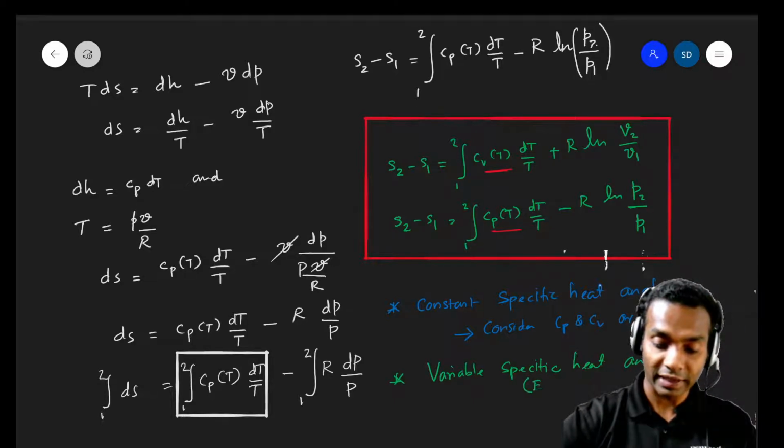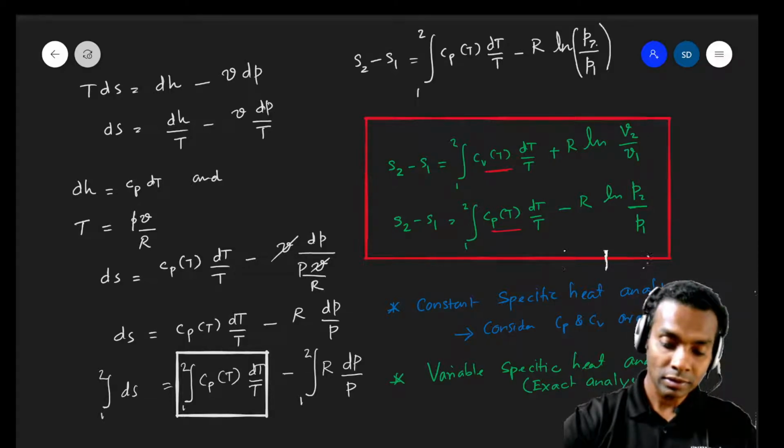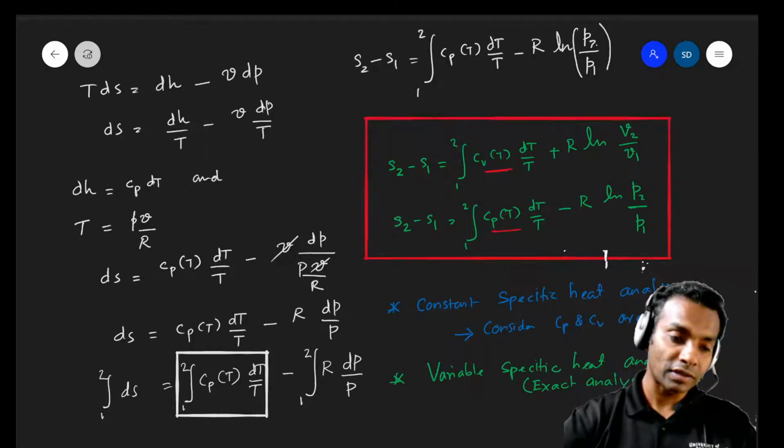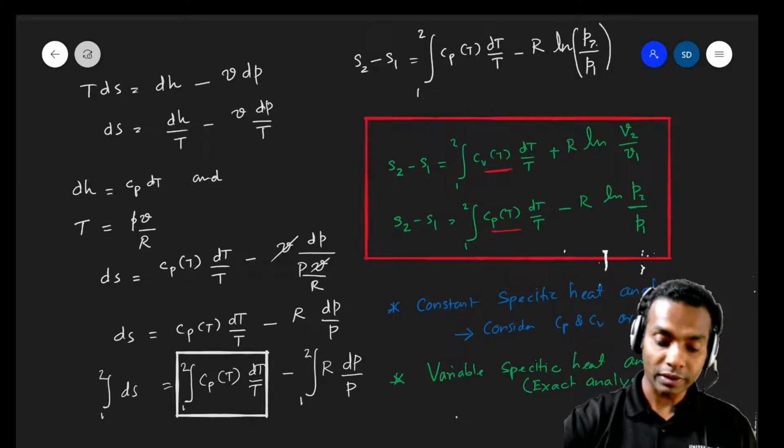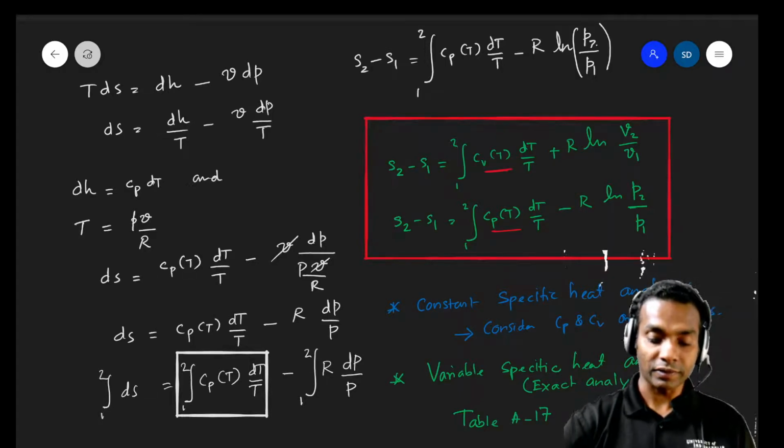This is called exact analysis. In this case, we're going to use a different method, which we have to use a table. In this book, in Cengel and Boles, you're going to use table A17 for that case.